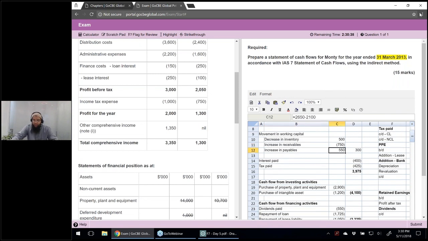Increase in payables is also an inflow, because if the payables are increasing, this means that we are not paying them. So that will become an inflow. So apparently everything is fine. Let me check the examiner answer also once, to see if there is any error in the question. So this is actually the June 2013 answer.